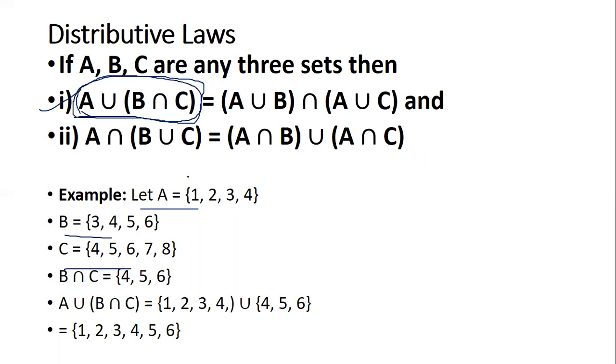Out of A union B intersection C, what are we supposed to solve first? Yes. Others also must reply. It's not only one or two. Everybody must be active.